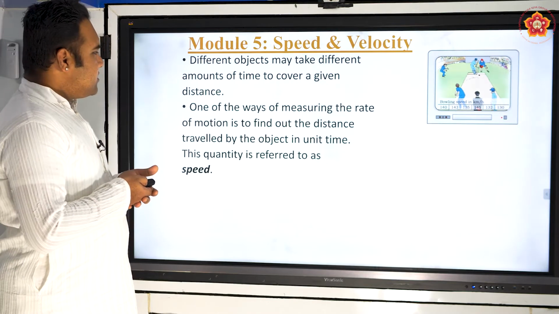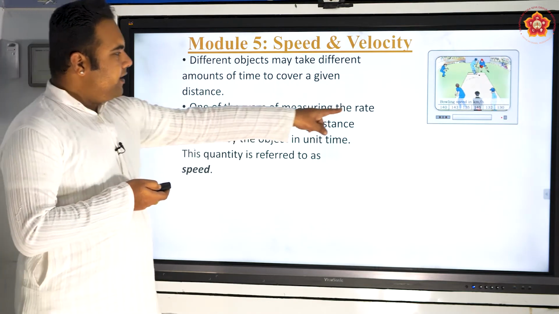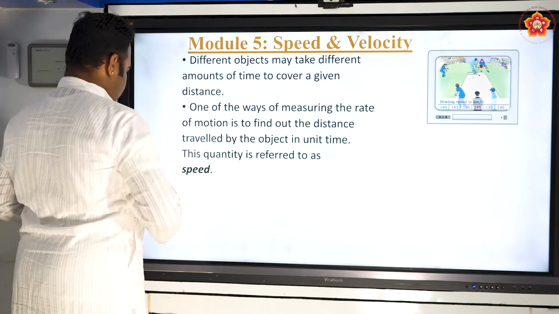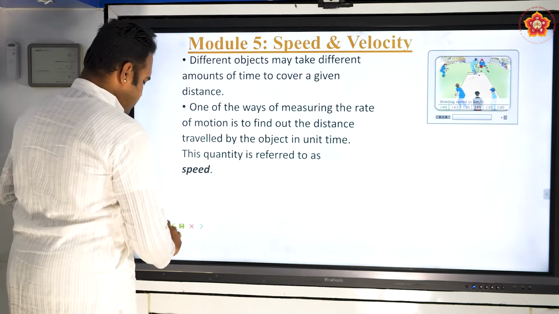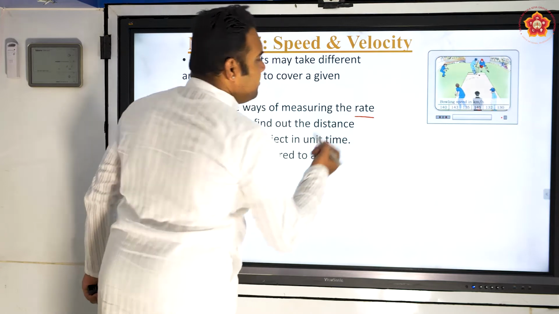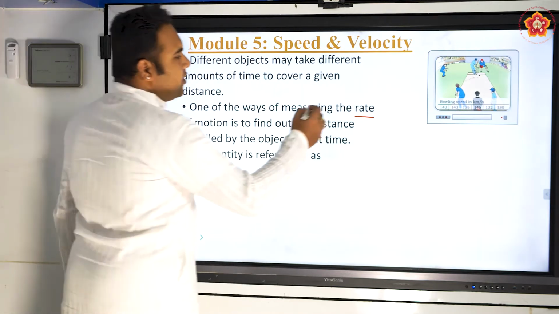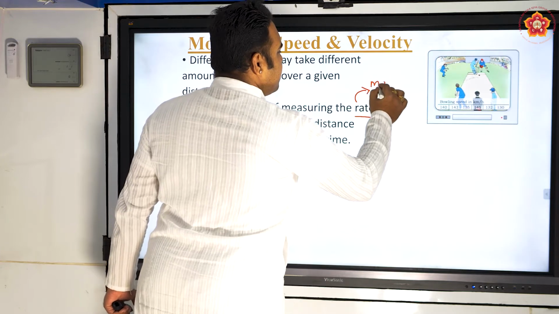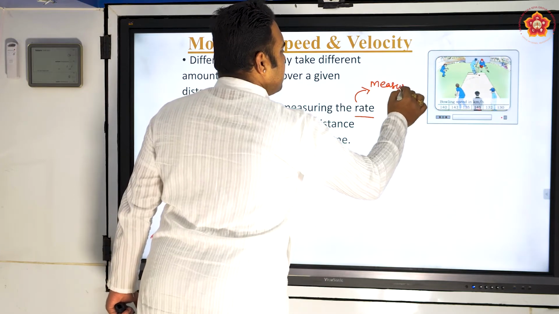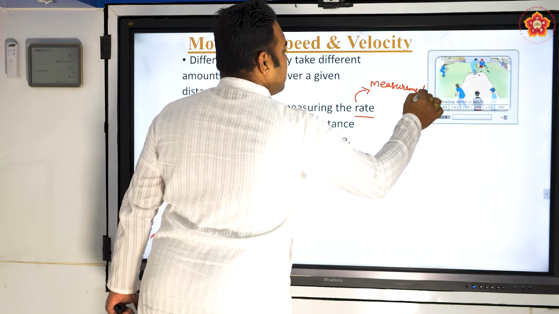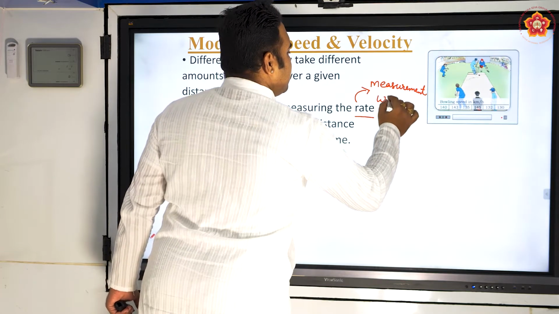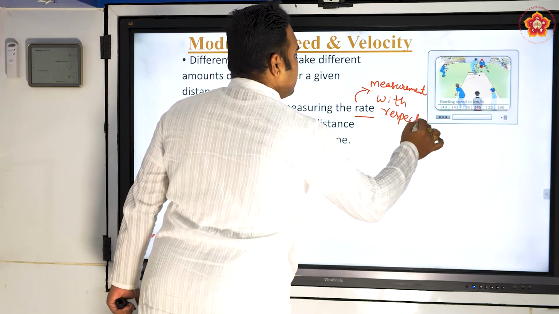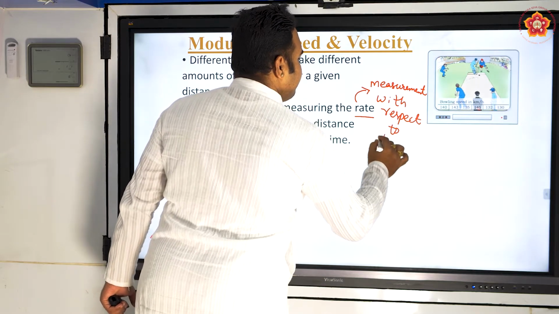So one of the ways of measuring the rate of motion, so we have seen this term called rate. Whenever we talk of rate, it is a measurement with respect to time.